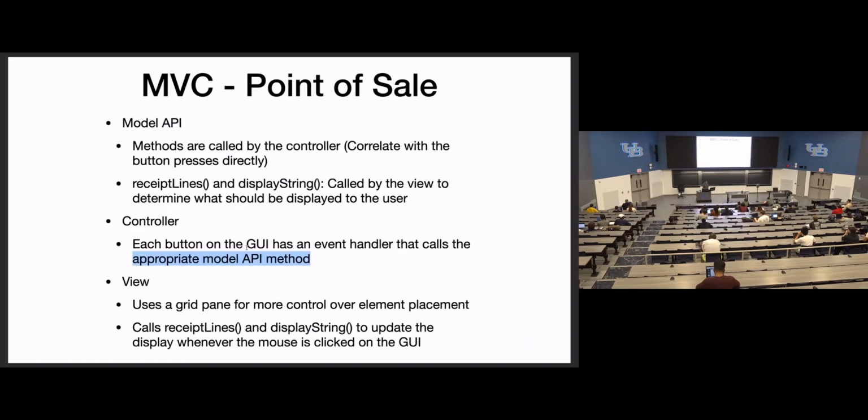The controller is going to convert those events, which are all the button presses, into calls of the model API. So when you're writing your model API, you're just concerned with, okay, when this method, this enter press, is called, what should I do?